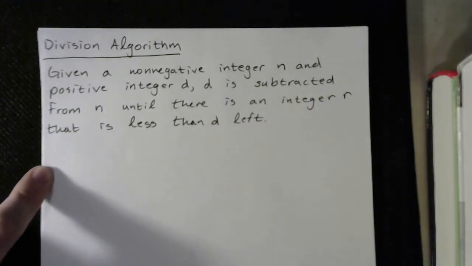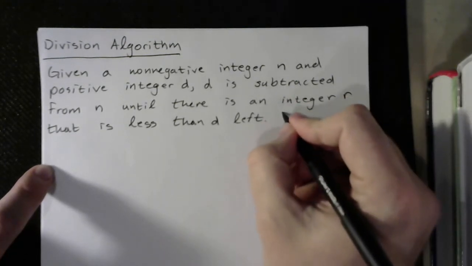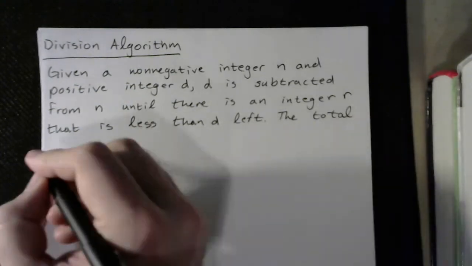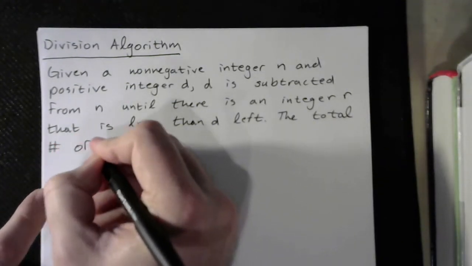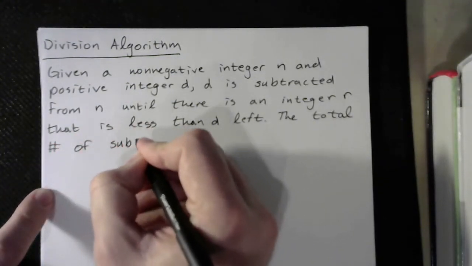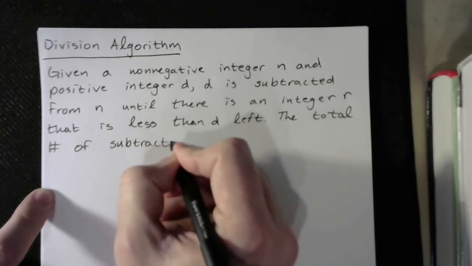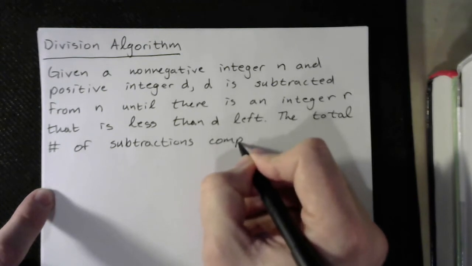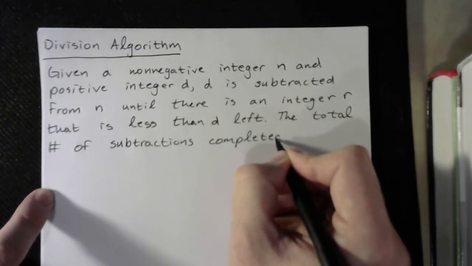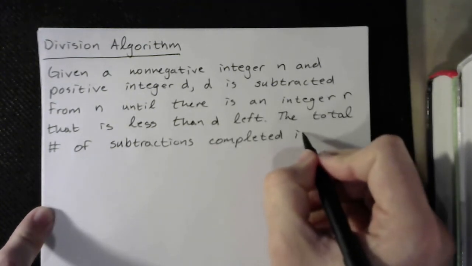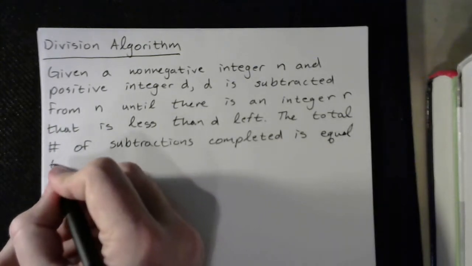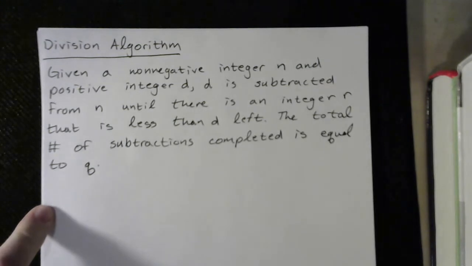So repeated subtraction until you hit an integer r that's less than d. Then the total number of subtractions completed is equal to q.